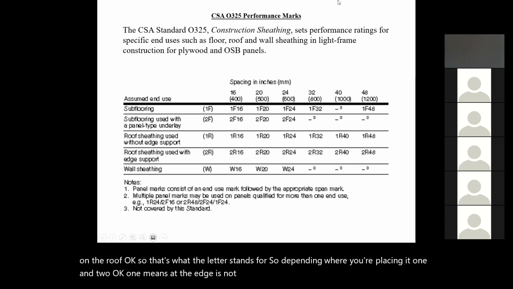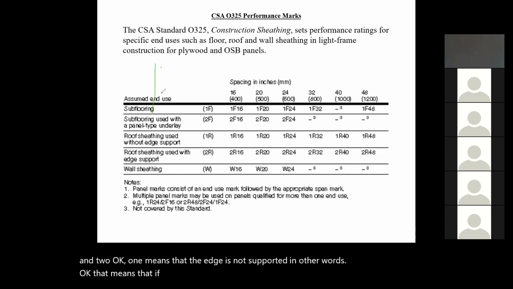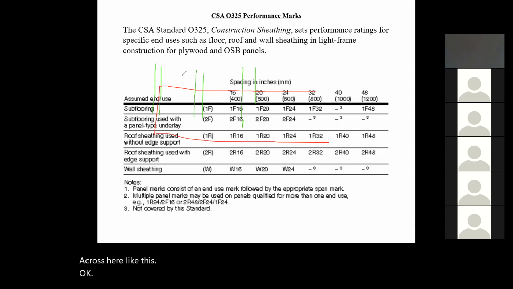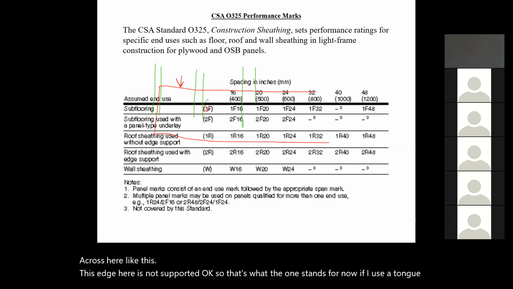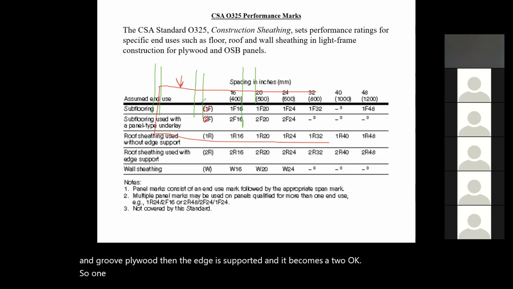In other words, if I have my joist like this, and I put my plywood across here like this, okay? This edge here is not supported, okay? So that's what the 1 stands for. Now, if I use a tongue and groove plywood, then the edge is supported and it becomes a 2, okay? So 1 is unsupported edge, 2 is supported.